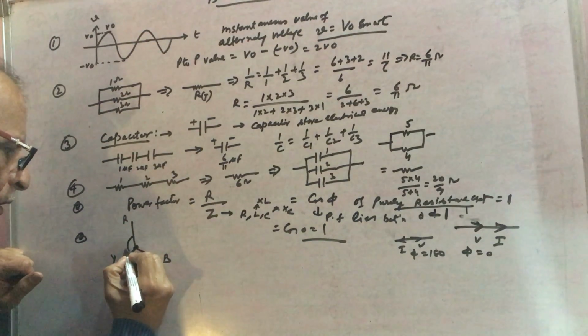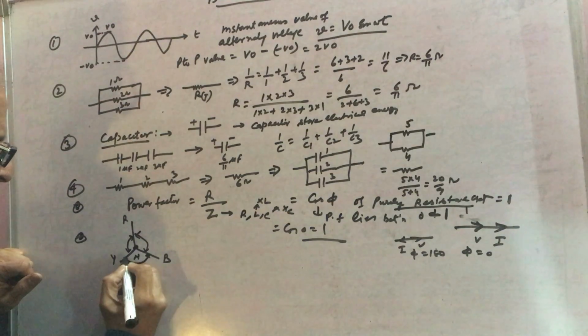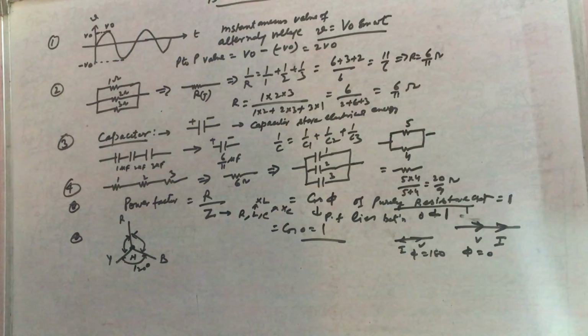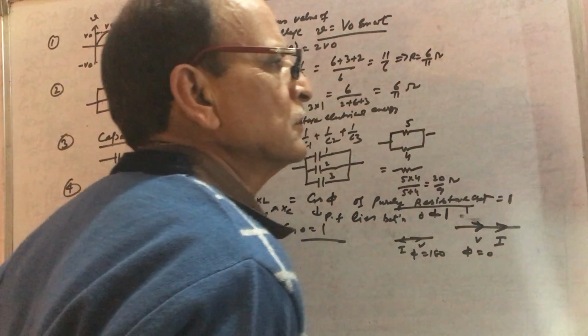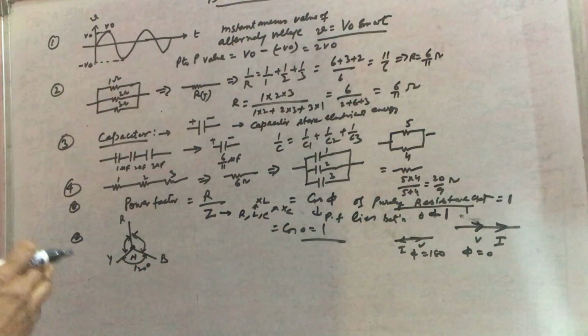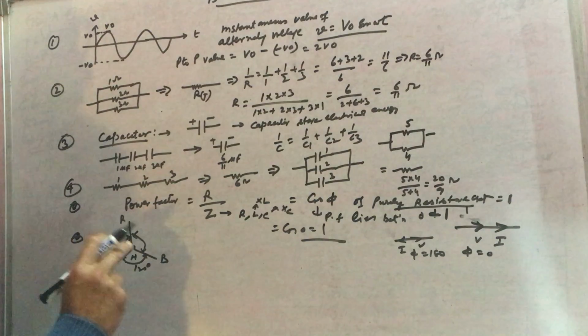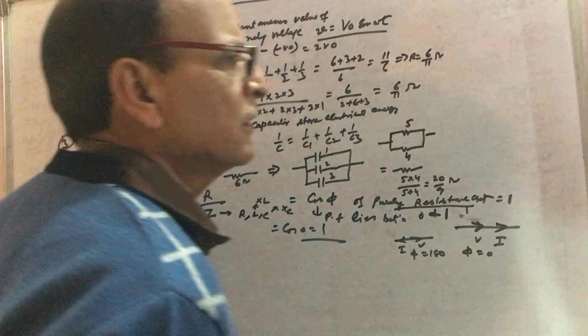The angle between the three voltages of three phase is 120 degrees. The question is that the angle between the EMFs of three phase is 120 degrees. Remember it, very simple.